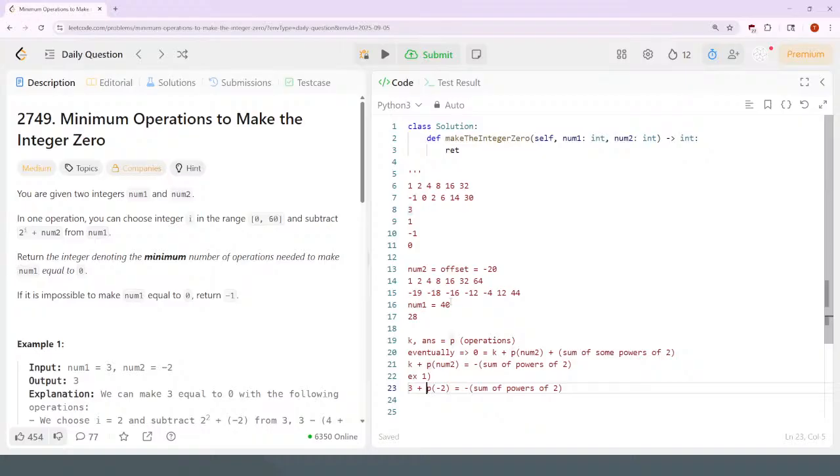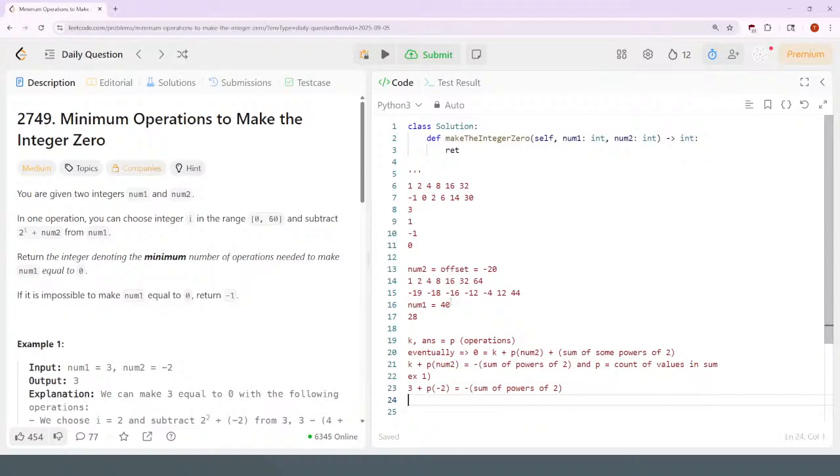So p has to be at least 2 here. 2 times -2 is -4, and -4 plus 3 is -1. But p equals the count of values in the sum, so you would need 2 values whose sum is 1, which doesn't work.